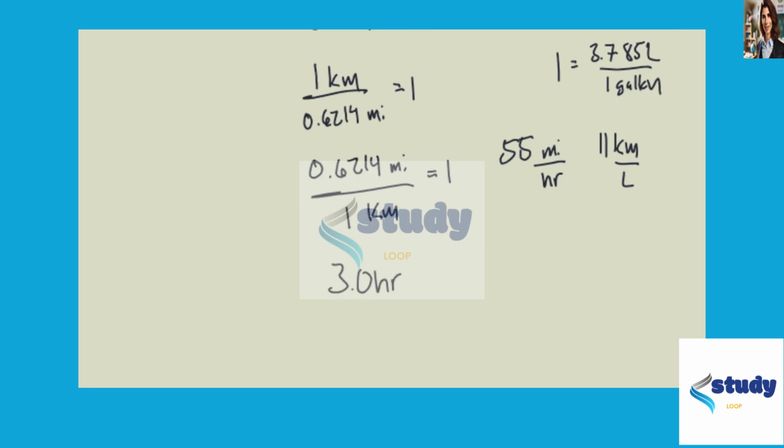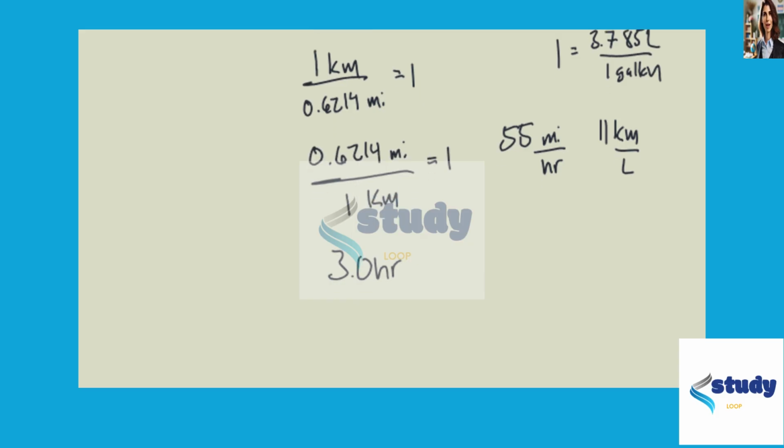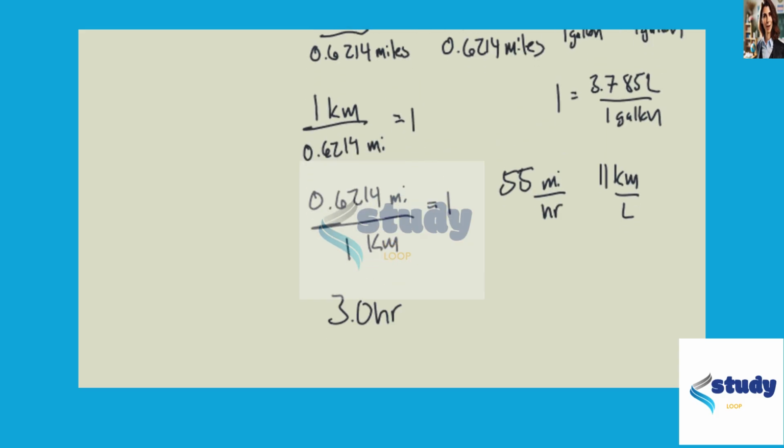Okay, and we want to convert hours into gallons using these factors that we've developed. So can we convert hours into miles? Yes, we can. We'll multiply it by our 55 miles per hour. Okay, now we've got miles. What would be nice is if we can convert miles into liters, because if we can convert miles into liters, we know we can convert liters into gallons, which is what we're after.